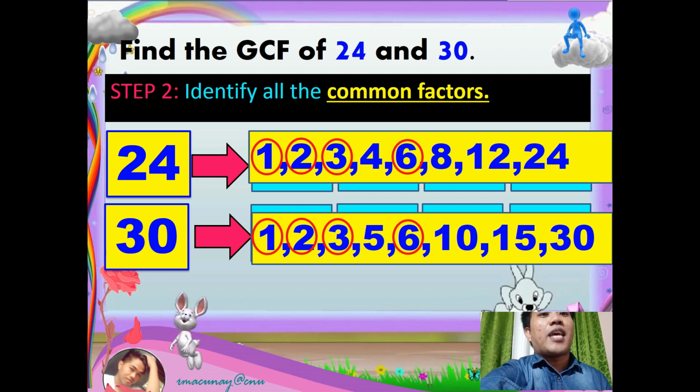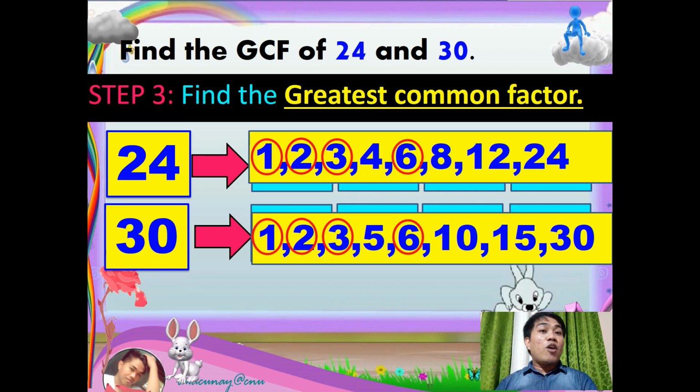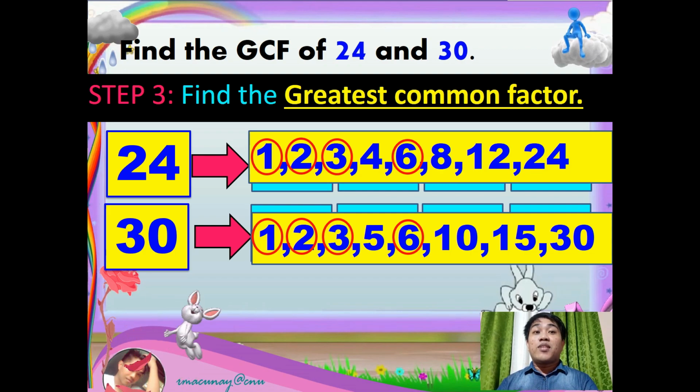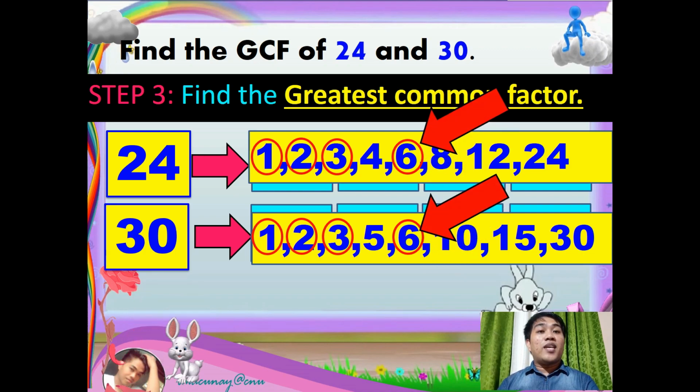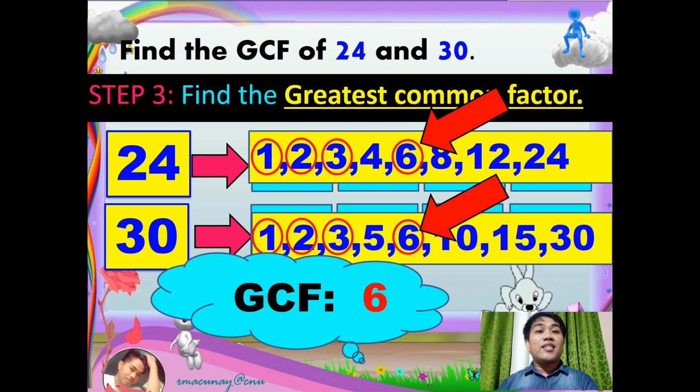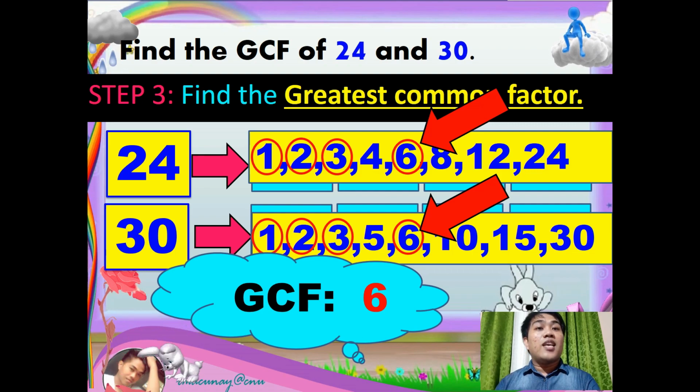For our third step, we need to examine which of those common factors that we have identified has the biggest number, or the biggest value, because that is our GCF. So we have here 6 as the biggest among them. Therefore, our greatest common factor is 6. The GCF of 24 and 30 is 6.